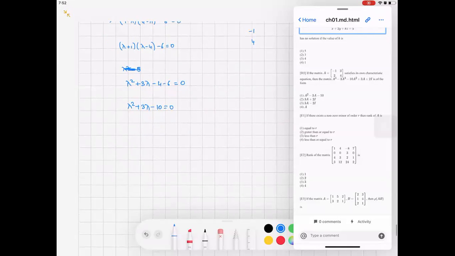So this is the characteristic equation, and therefore A square plus 3A minus 10I is equal to the null matrix, which it satisfies.